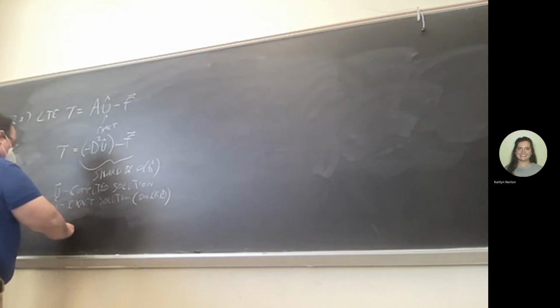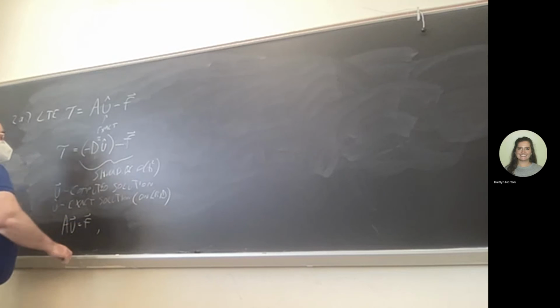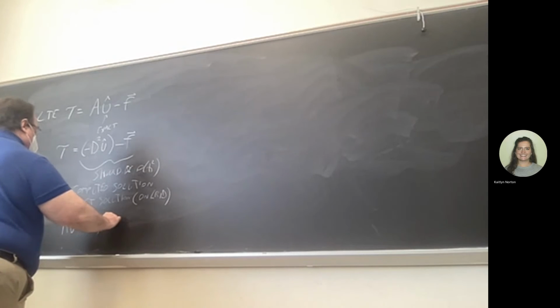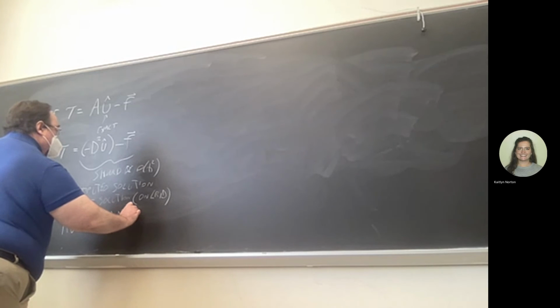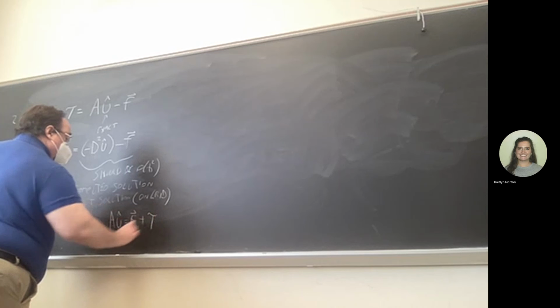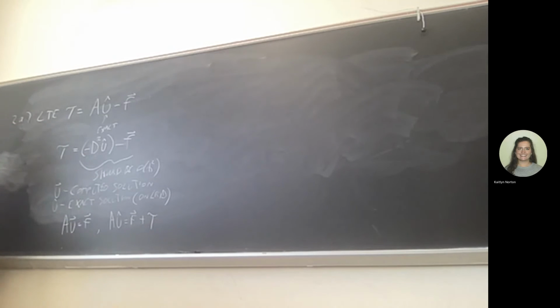So A U, the computed solution, equals F, and then A U hat equals F plus tau. So that's the relationship between the two.